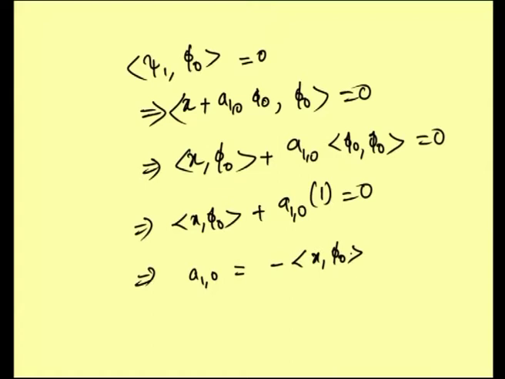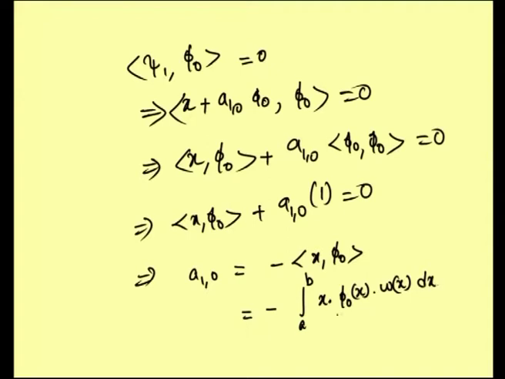Okay. And minus x comma phi naught, according to the inner product definition, is minus of integral a to b x into phi naught of x into w of x dx.